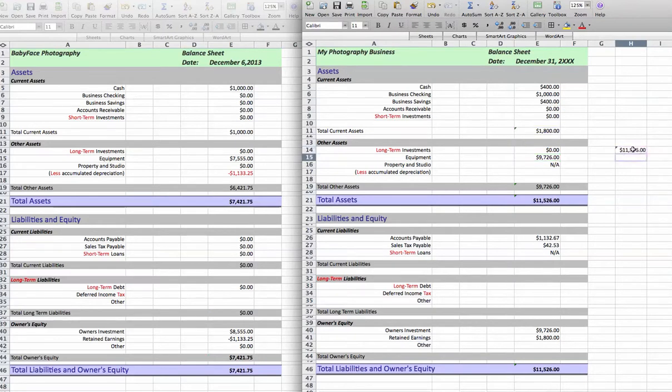Okay, so this is the current value that this person has. So there's that figure right there, it balances, but it's missing the depreciation value, okay?